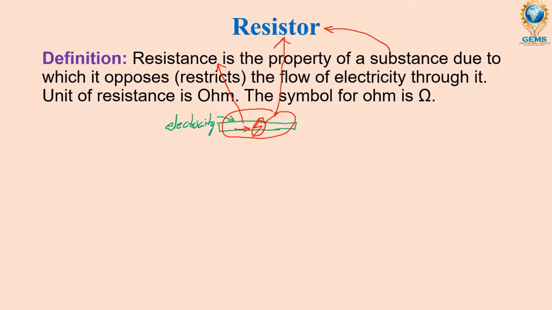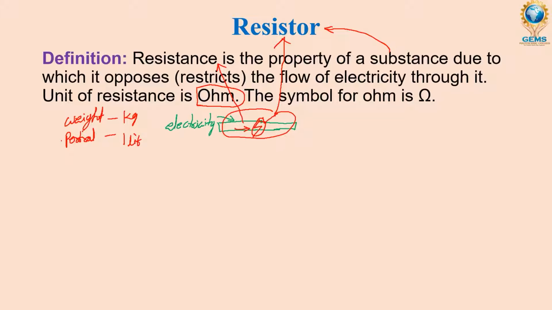Okay, this resistance, how much resistance is there? We are representing it with ohm. The unit of resistance is ohm. We all know how much weight there is. For weight, the units are kg. How much milk you want? You will say 1 liter. Or I am saying petrol, you will say I need 1 liter of petrol.